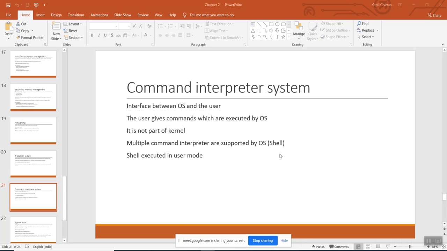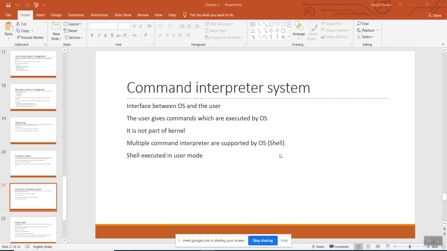In the Linux operating system, the command interpreter is called a shell, and different types of shells are present, like C shell, Bourne Again shell, then TC shell, Turbo shell. Shell is nothing but the command interpreter system. And the last point is that the shell is executed in user mode.